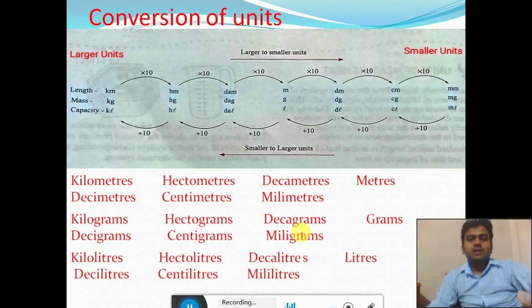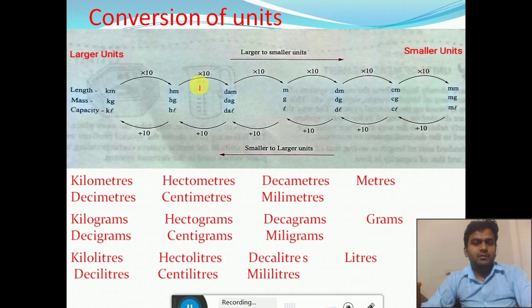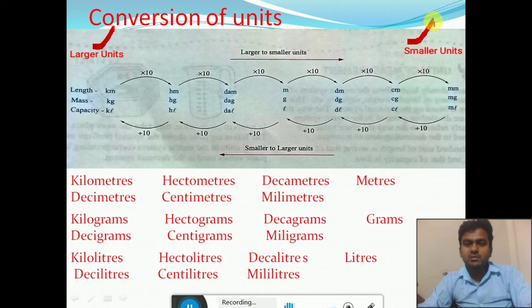Now look at this diagram. In this diagram we will learn how to convert a unit into another unit. On the left hand side larger units are written, and on the right hand side smaller units are written. So when you move from left to right, you get larger unit to smaller unit.